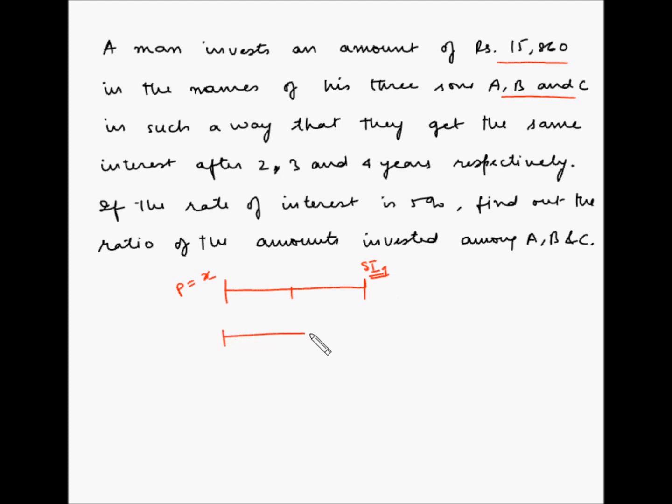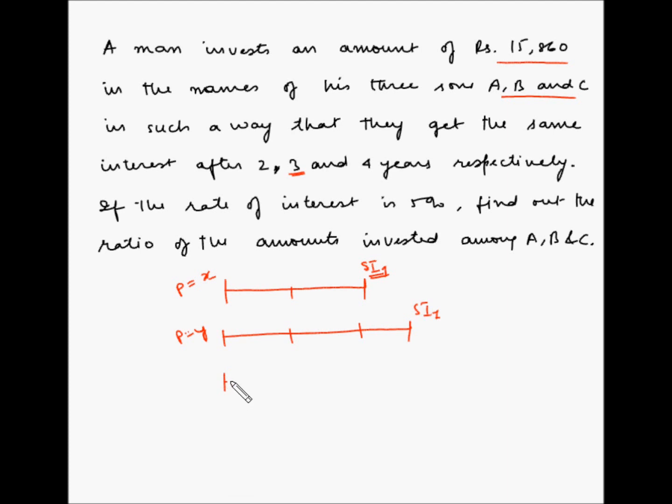Now for the second son, again let's say the principal is Y and the simple interest at the end of 3 years is SI 1, because the simple interest after 3 years is the same for B as the simple interest obtained for A after 2 years.